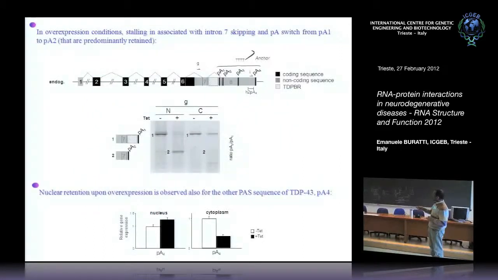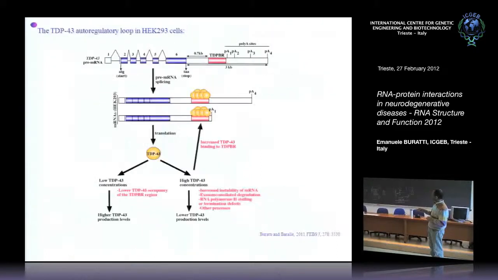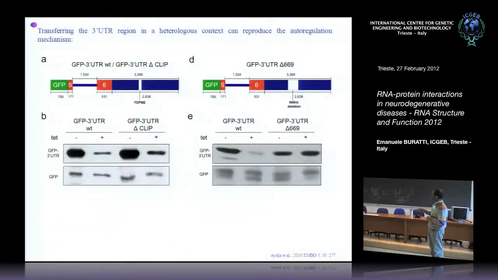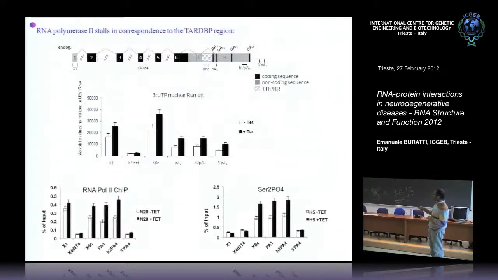TDP43 is mainly binding to the region here, TAR DNA binding protein. But as you see from the band shift analysis, the 3' UTR, yes. When you see the band shift analysis, you see that there are loose motifs all over this place here. And so this is the major 600 nucleotide region that is bound by TDP43.